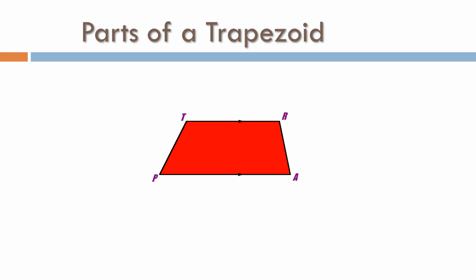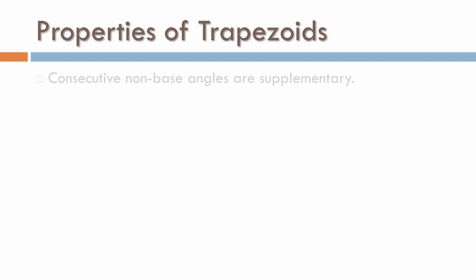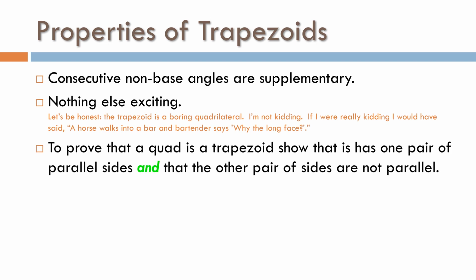Easy peasy, right? Do slope, you're done. However, that doesn't guarantee it's a trapezoid until we figure out that TP and RA are not parallel. So we're going to have to do some not stuff here. These sides are parallel, these are not: trapezoid. These sides are parallel, these are also parallel: now we got a parallelogram. And that's going to happen a lot when we start working with the hierarchy, once we get that hierarchy constructed.